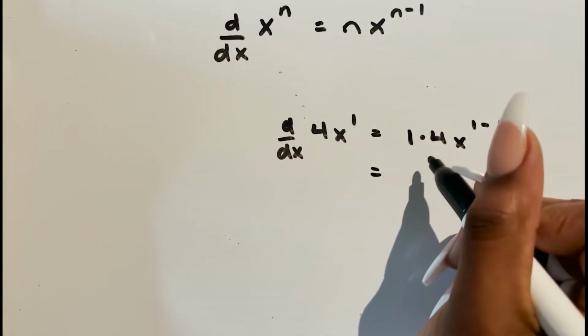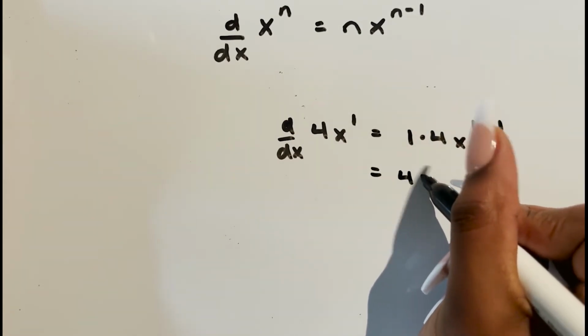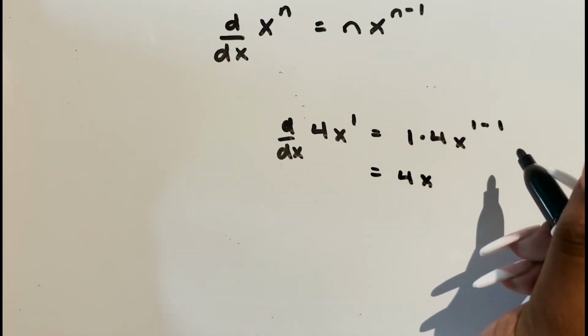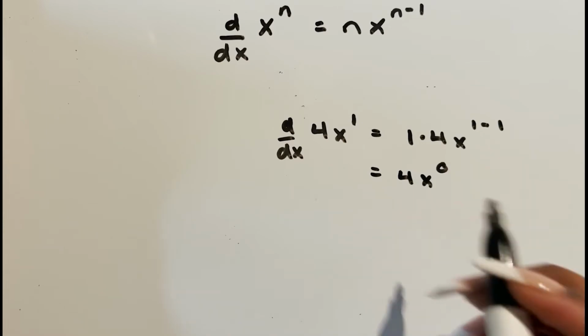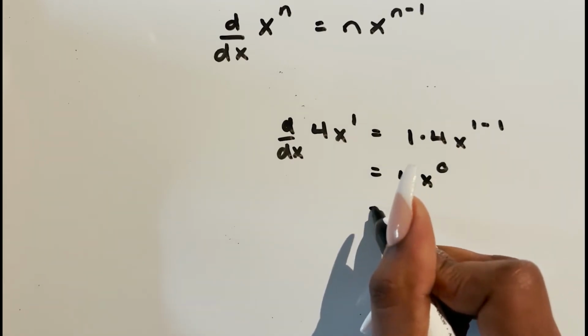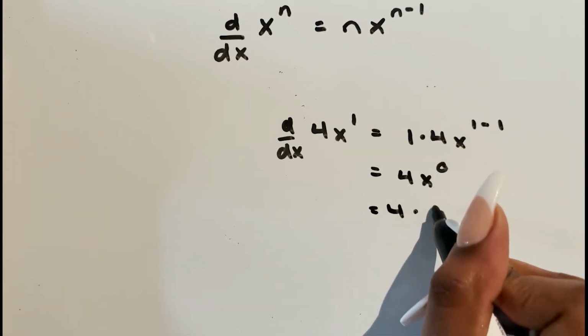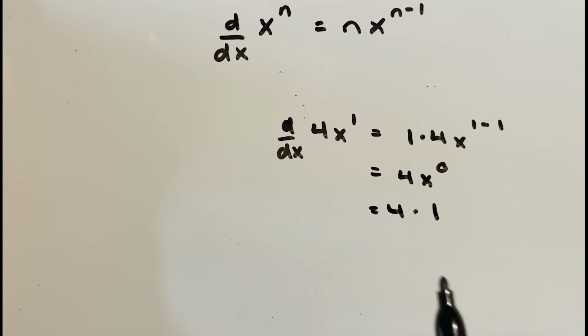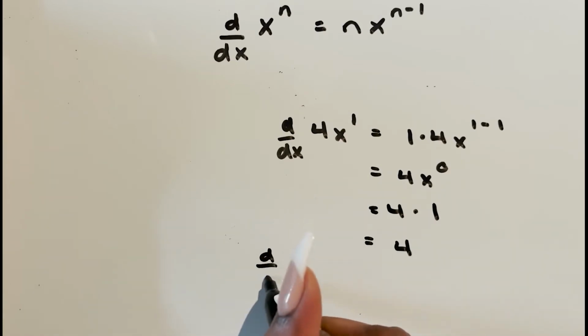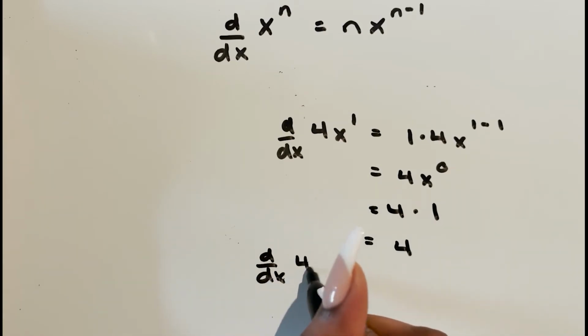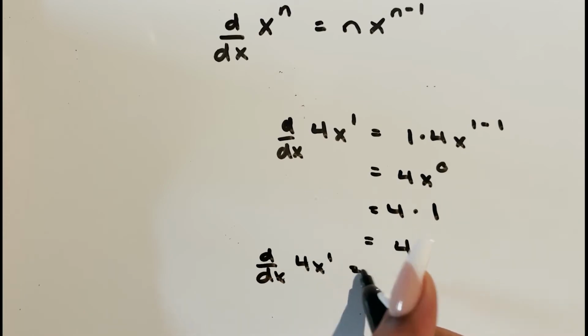Simplifying, 1 times 4 equals 4x, and then 1 minus 1 equals 0. Now, a variable being raised to 0 will always simplify to 1, so this can be rewritten as 4 times 1. 4 times 1 gives us 4, which is our final answer. So we see that the derivative of 4x raised to 1 equals 4.